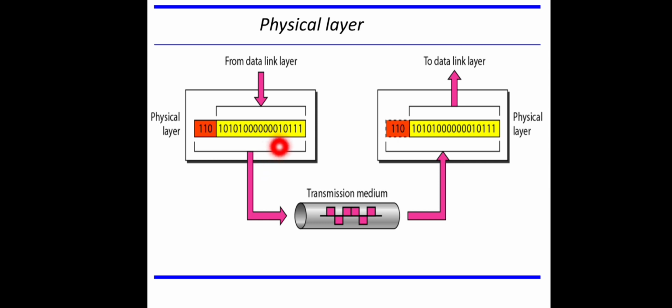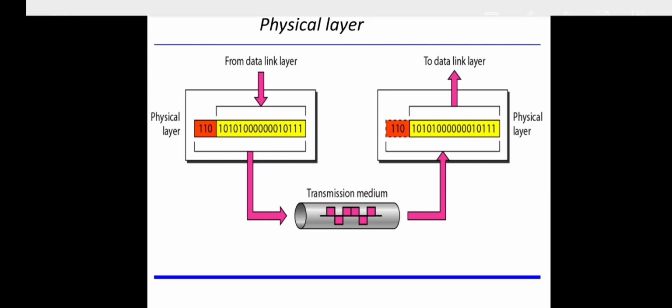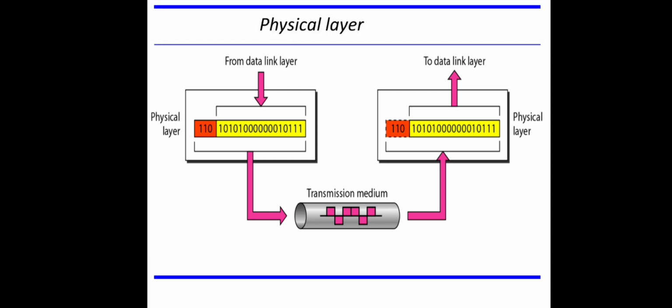The major concern of the physical layer is how to transmit this data, the zeros and ones, into the medium, and at the receiver side the reverse: how to receive data from the medium and give it to the data link layer. So the physical layer is mainly concerned with the type of physical medium over which this data can be transmitted.